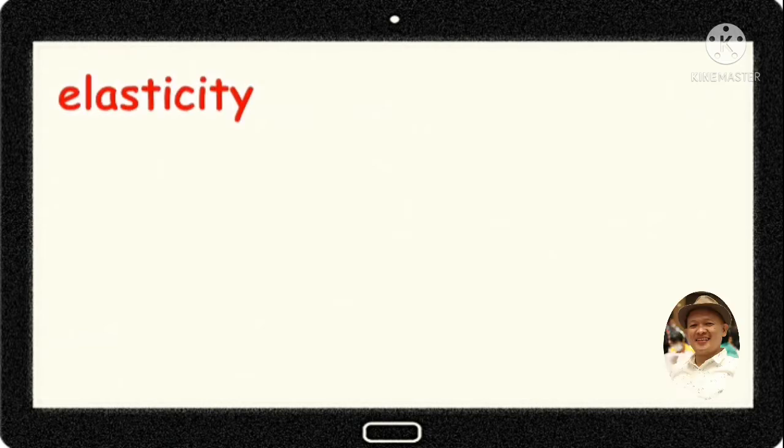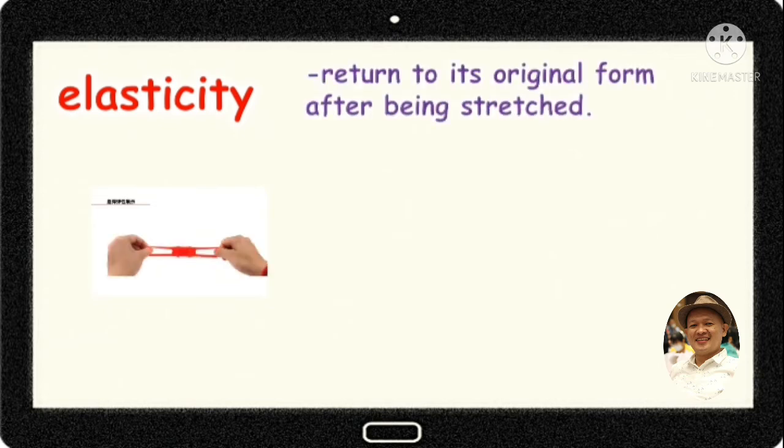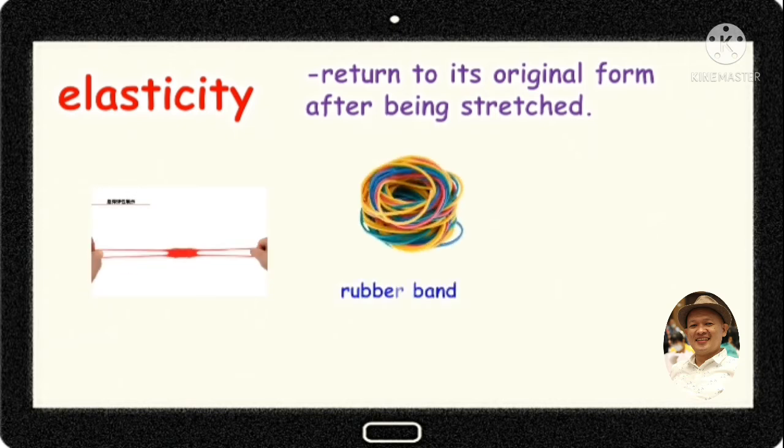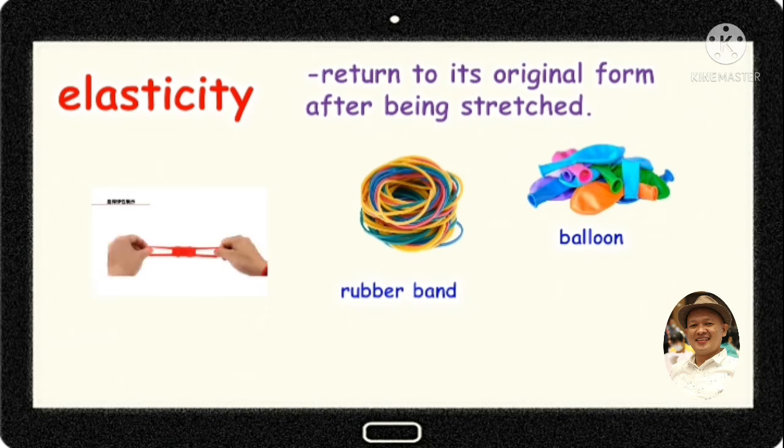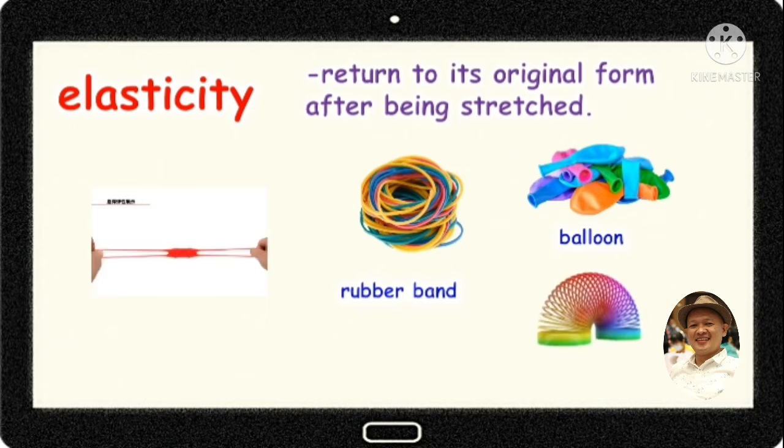Next is elasticity. Elasticity is the ability of the material to return to its original form after being stretched. For example, rubber band, balloon, spring toy.